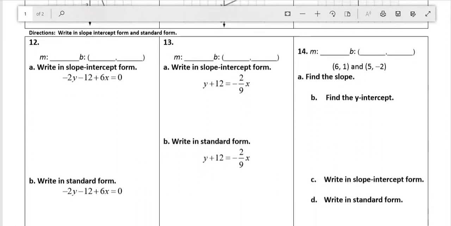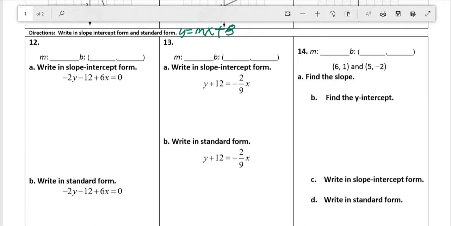Now, when I look down here at the bottom, look at number 12. I'm going to put this in slope-intercept form. So I have to write it as y equals mx plus b, which is what I need to find.